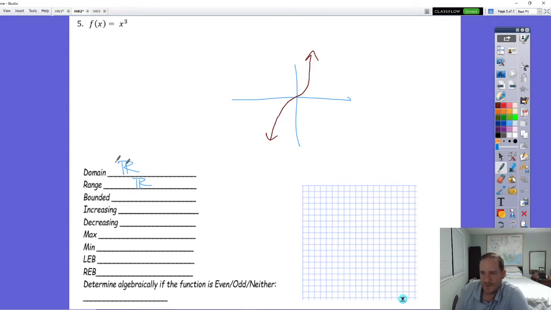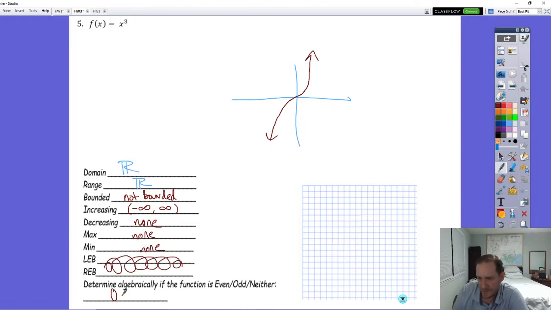So domain and range would both be all reals for sure. Boundedness would be not bounded. The function is increasing over its entire domain. So the increasing interval would be negative infinity to infinity. None, none, none. Save it for later.